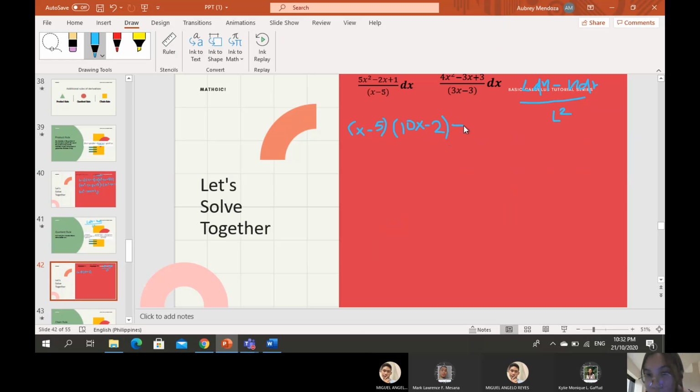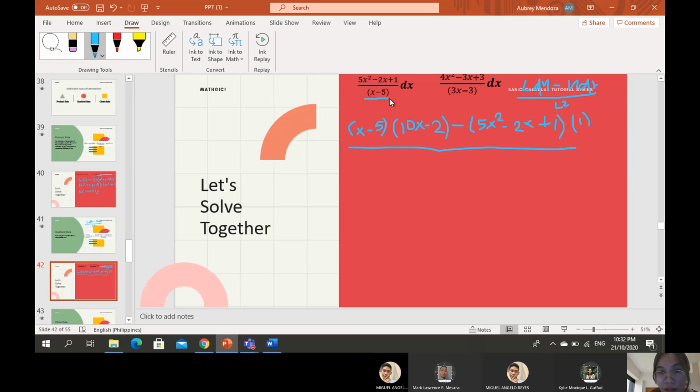After that is minus high. So let's just copy the numerator, which is 5x squared minus 2x plus 1, and then the derivative of low, which is 1, all over low squared.